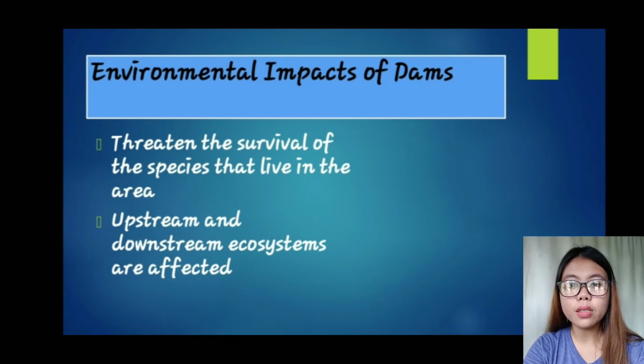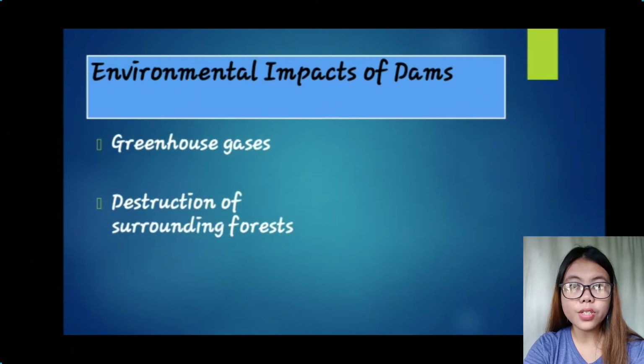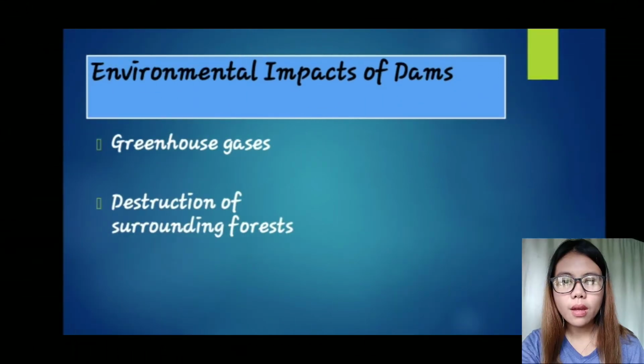Dams also negatively impact ecosystems and habitats upstream. Trapped river-borne nutrients can facilitate the growth of toxic algae blooms. Dams release greenhouse gases. A study found that reservoirs account for about 4% of human-made climate change.